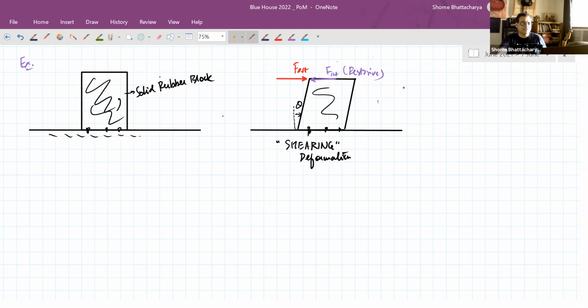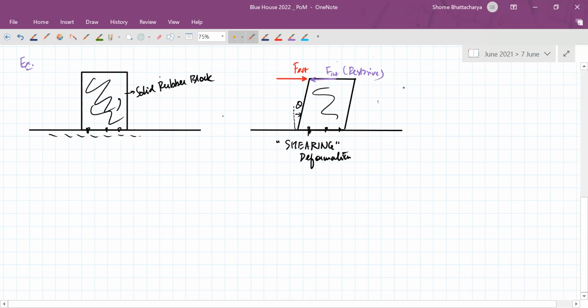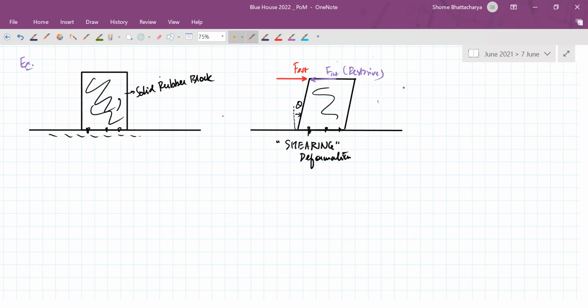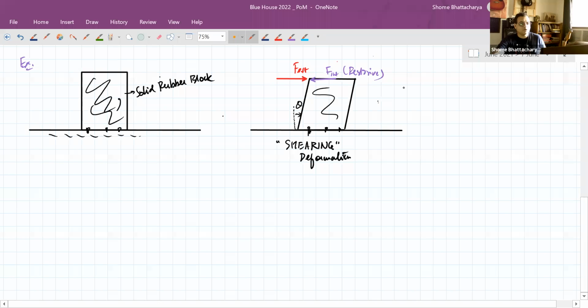I'm sure you've done all this as kids, taken a pencil and kept applying force on it for whatever reason. Whether you were trying to just release your physical energy on it, or you were trying to experiment scientifically on it to see how far you can go before it will break. But you have experienced this, that the moment the stress, and I have not defined stress yet, but as you can understand, stress has something to do with the amount of force we are applying.